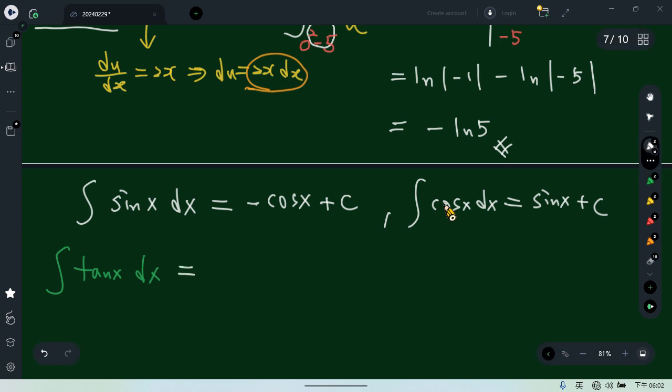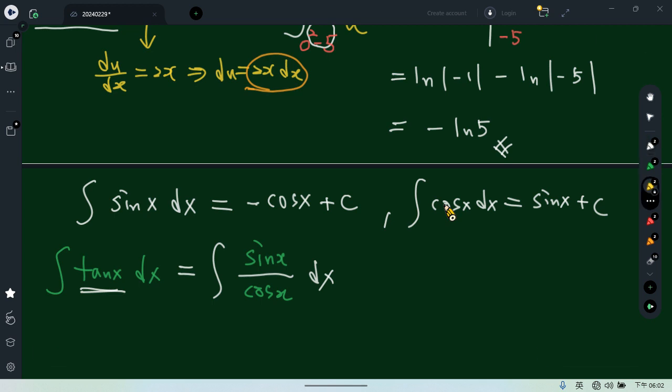Because the integral of tangent x can be regarded as the integral of sine x divided by cosine x, dx. So did you find that if we let f of x be cosine x, what is f prime x?